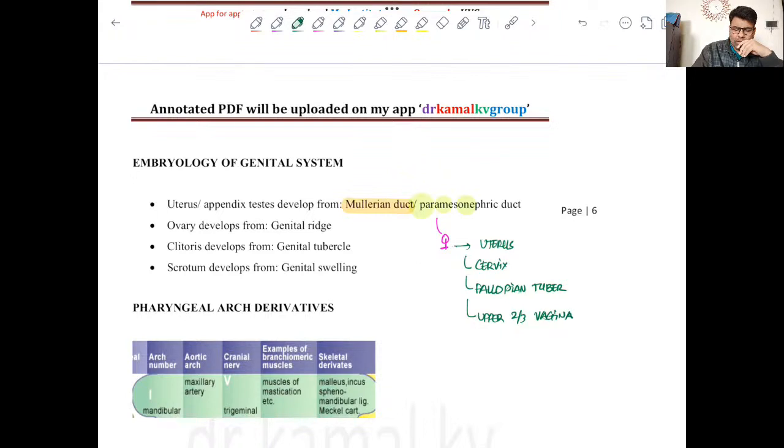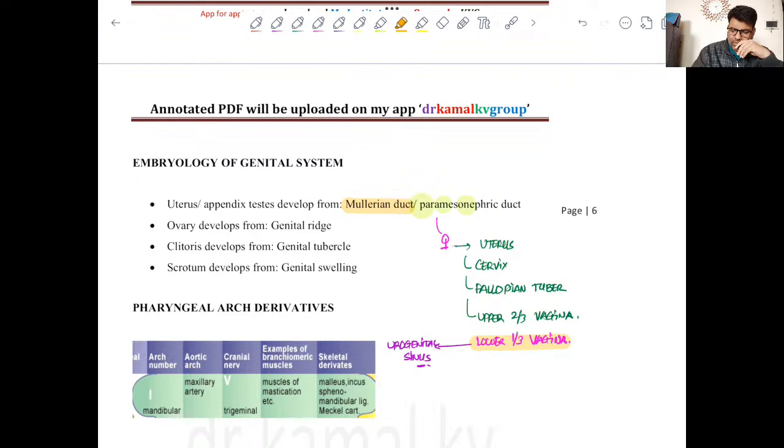Clear? Remember, lower 1/3 of vagina, it comes from urogenital sinus and not Mullerian duct. Clear? So many times this is a question which is usually framed.